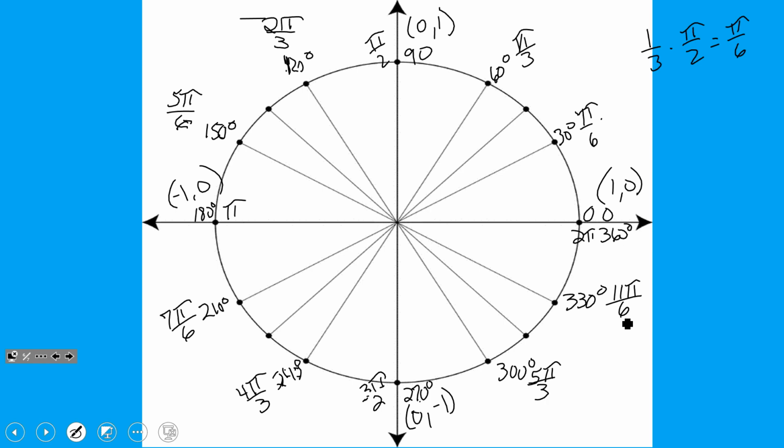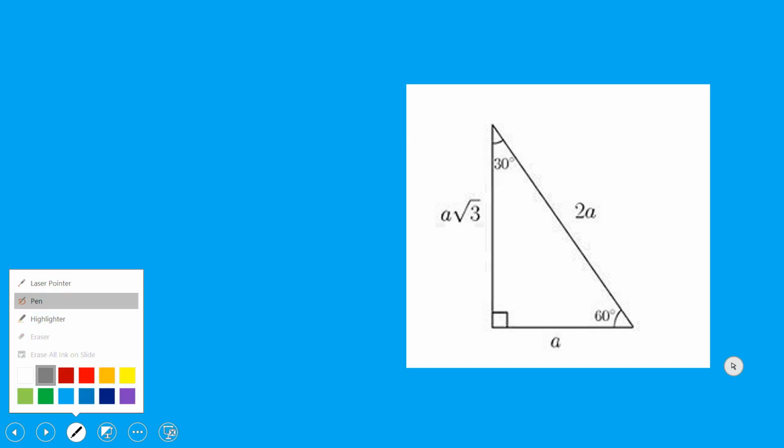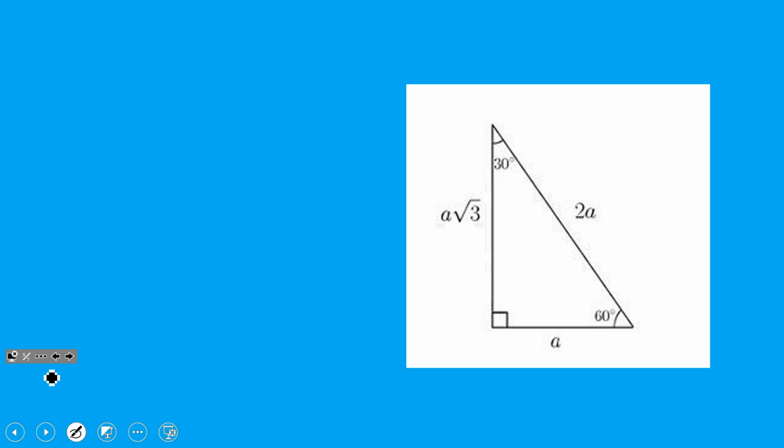All right, let's go figure out what the coordinates are of this. So I want to go back. We talked about this the other day. So in geometry, you learned a 30, 60, 90 relationship between the sides and the angles.